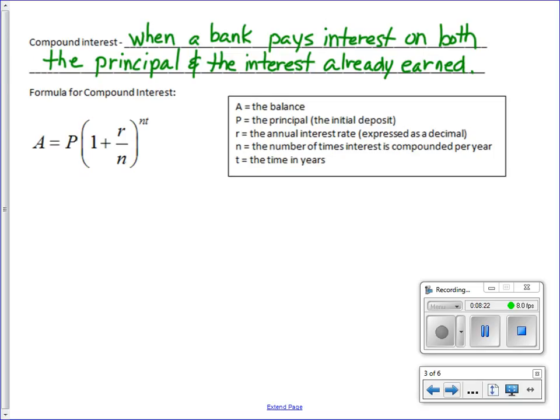A is the balance in the account. P is the principal, which is the initial deposit. R is the annual interest rate expressed as a decimal. N is the number of times interest is compounded per year, and T is the time in years.